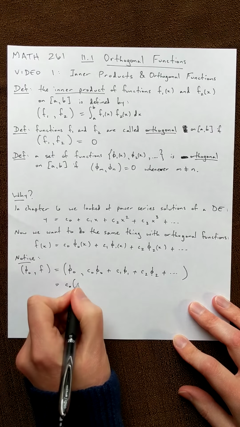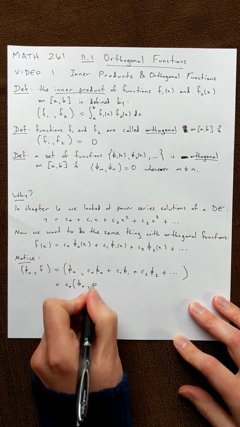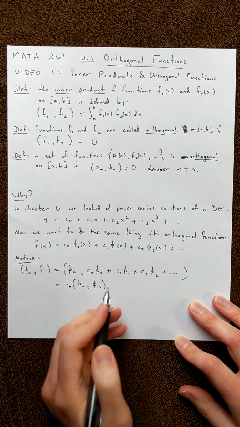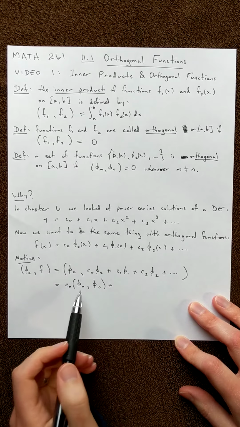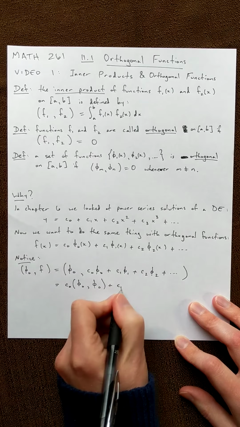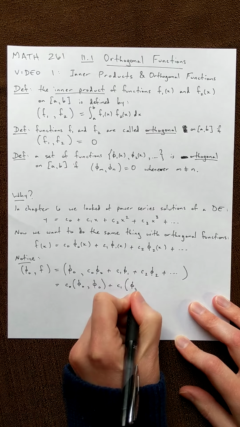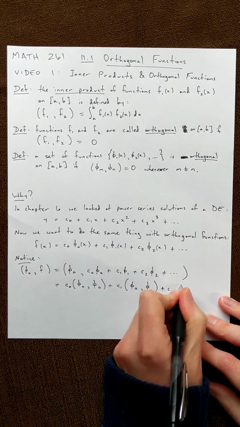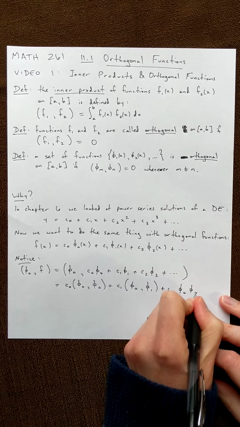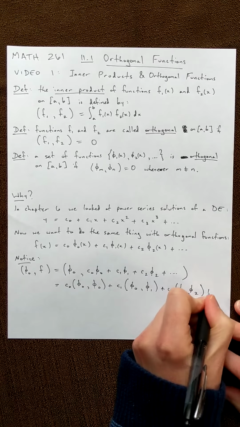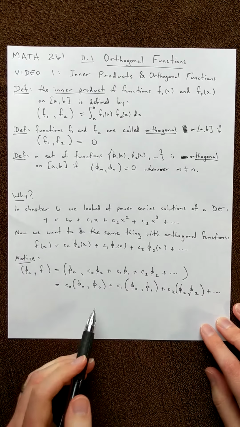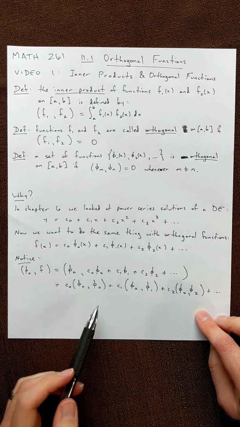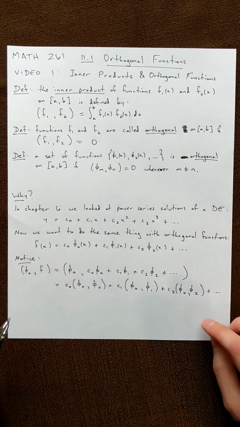So using some theorems about integrals, I should be able to split this up into the constant coming up front and phi 0 acting on phi 0, and when I say acting on, I really mean an inner product. And then C1 and phi 0 inner product with phi 1, and then C2 phi 0 acting on phi 2, plus as many as there are going to be, which probably is infinitely many if this is playing the role of a series. There's going to be infinitely many functions, phi's.